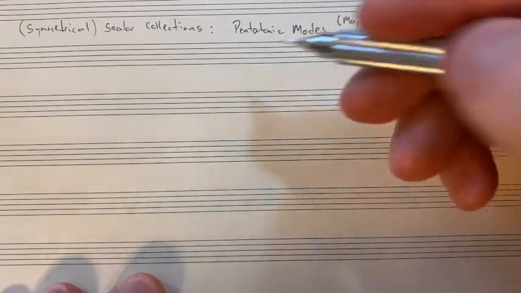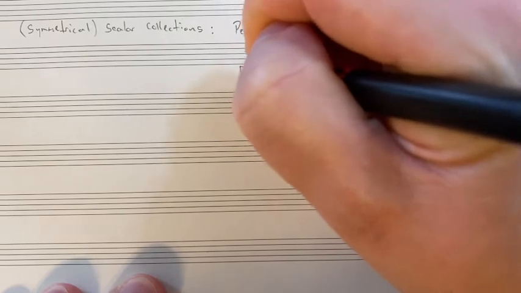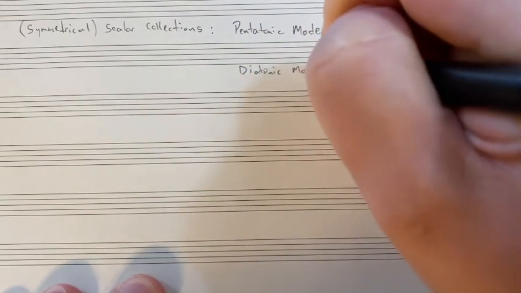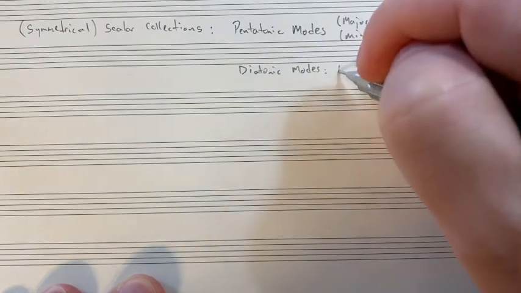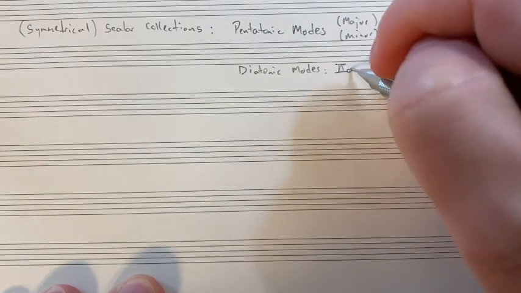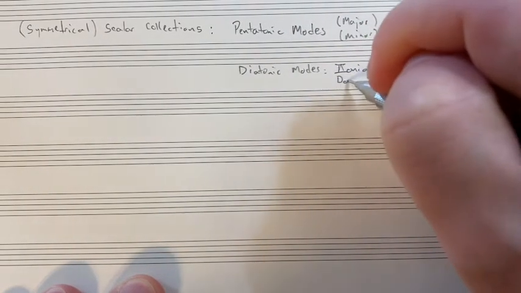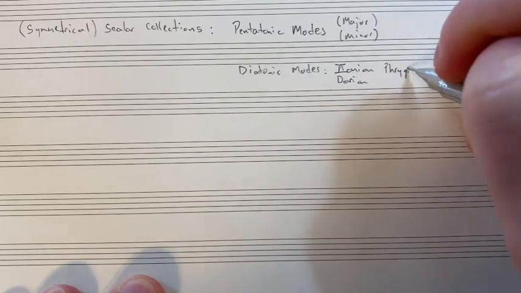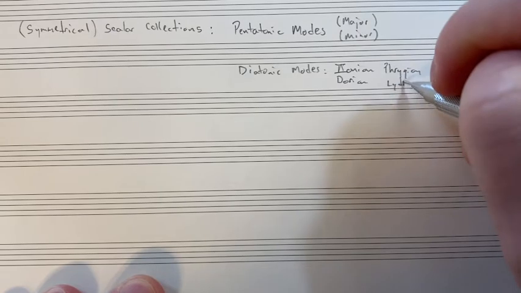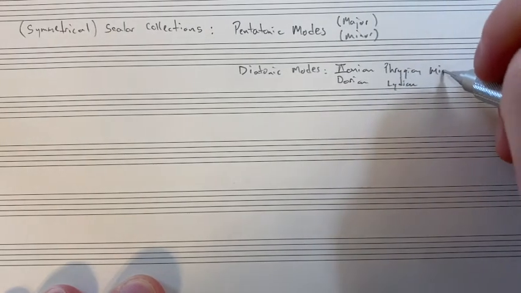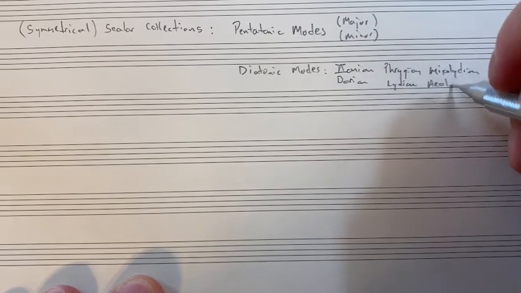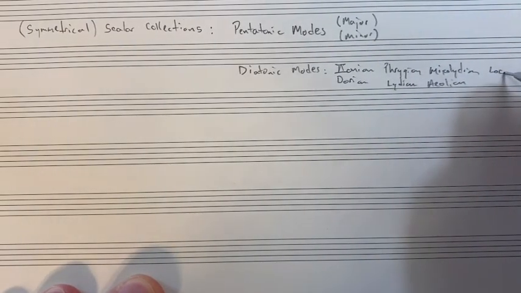Then, of course, we have the diatonic modes. That's your Ionian, Dorian, Phrygian, Lydian, Mixolydian, Aeolian, and Locrian.